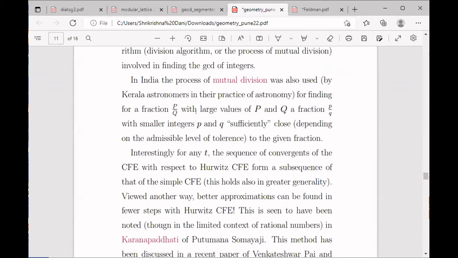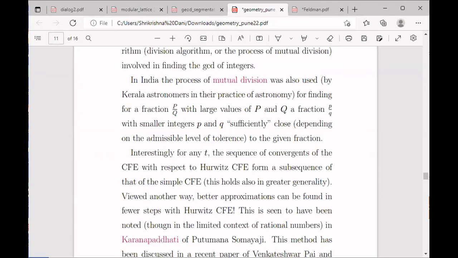Let me recall it in the form that I have written it here. In India, the process of mutual division was also used for finding, for a fraction p by q with large p and q, a fraction little p by little q with smaller integers, which is sufficiently close to that. This is simply the fact that in the case of irrationals, the convergents are going to that.